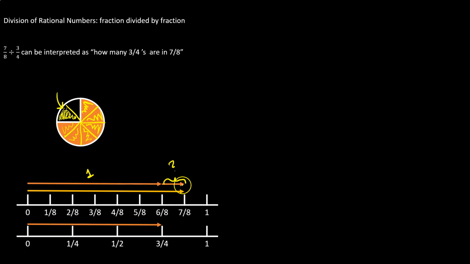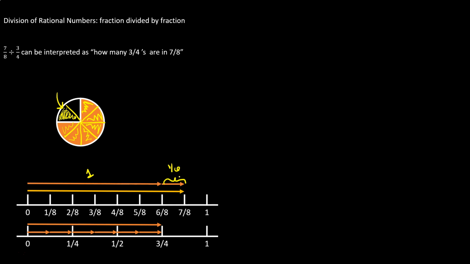And if we copy that portion down to our 3/4 number line, we can see that it would require 6 of those tiny portions to get to 3/4, which means that one of those little arrows to fill in that last gap is considered 1/6 of 3/4.